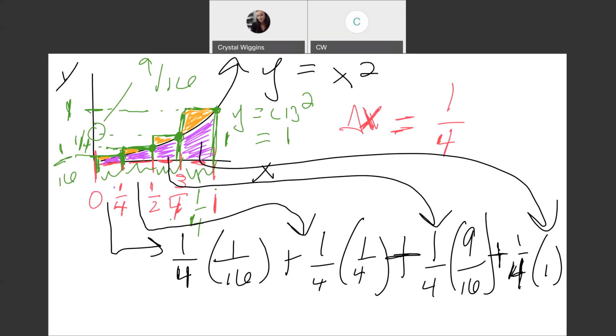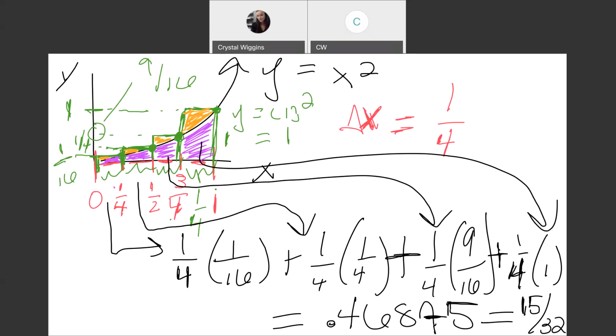So we have 1/4 times 1/16 plus 1/4 times 1/4 plus 1/4 times 9/16 plus 1/4 times 1, which we should hopefully know that that's just going to be a quarter. And this comes out to an area of 0.46875 is what my calculator is telling me. If I hit math, enter, enter, I get the exact area of 15/32.